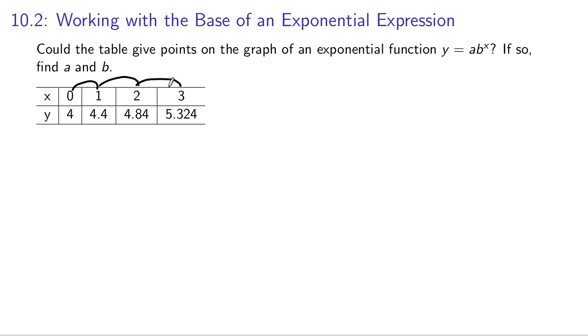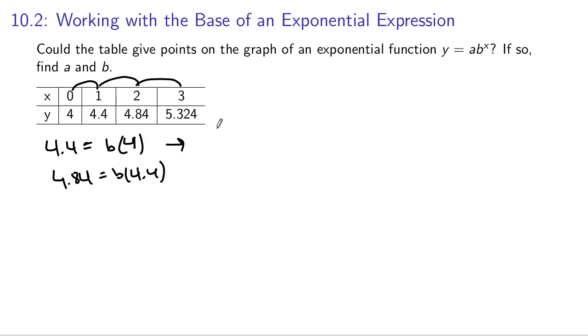So we have the input spaced evenly. So if each output is a constant factor times the previous output, then we would have exponential growth. So if 4.4 is some constant b times 4, and 4.84 is some constant b times 4.4, and so on, then we have exponential growth.